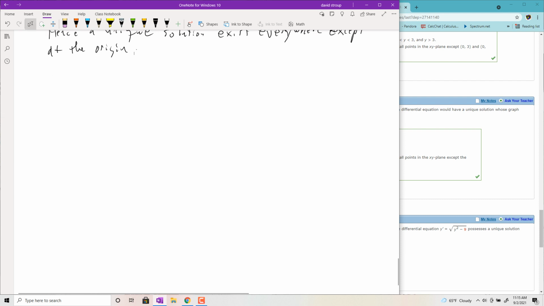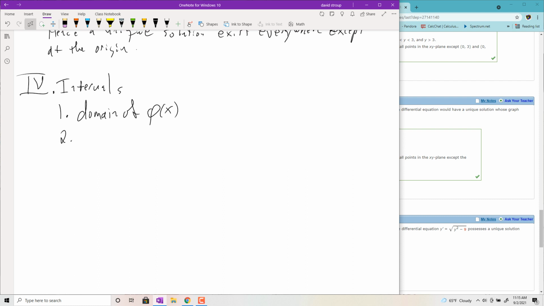Well, yeah, just to recap with regards to intervals, because it seems like we threw a bunch of intervals in your lap. There's the domain of the solution phi of x, which is basically just where that thing works, right? So it's just finding, it has nothing to do with the differential equation. It's just, here's the solution, what is its domain?